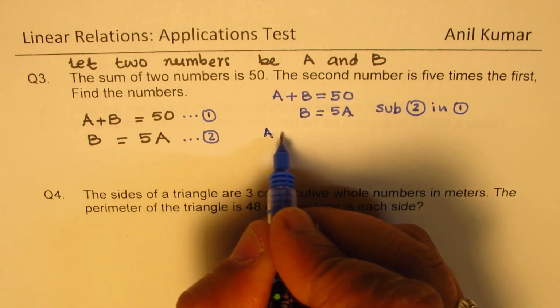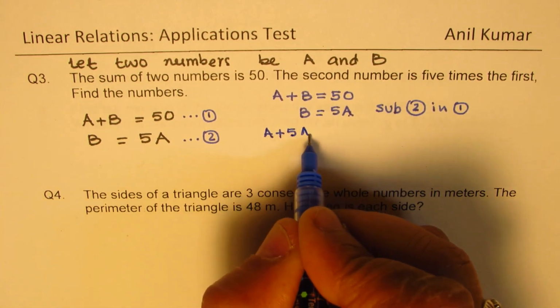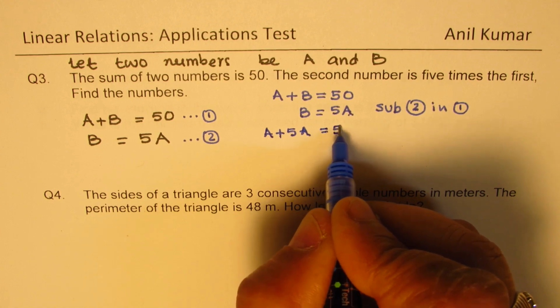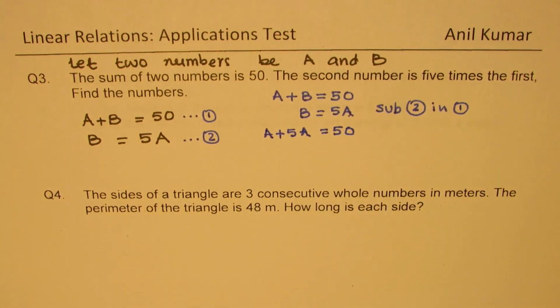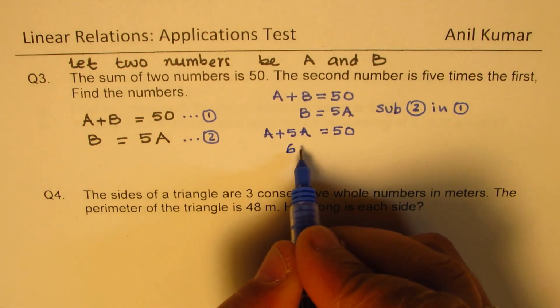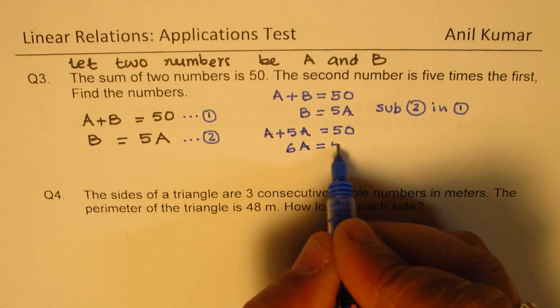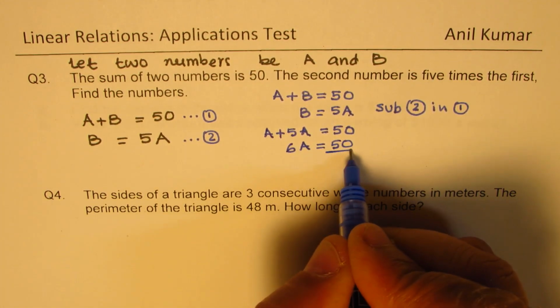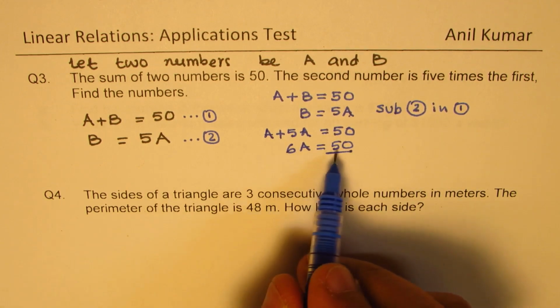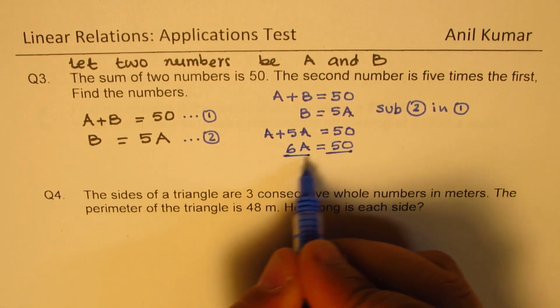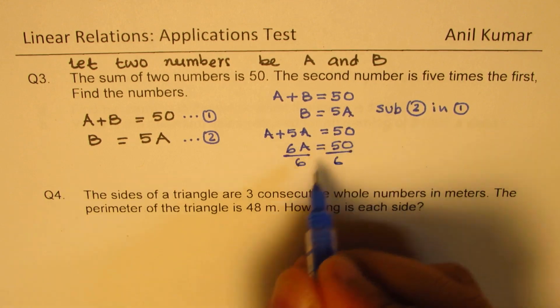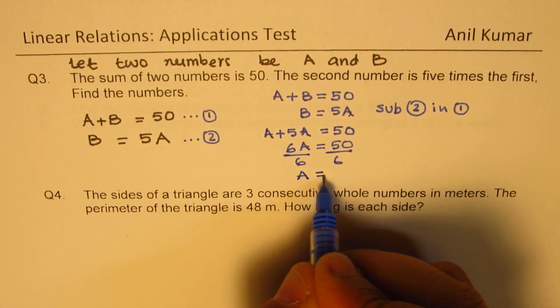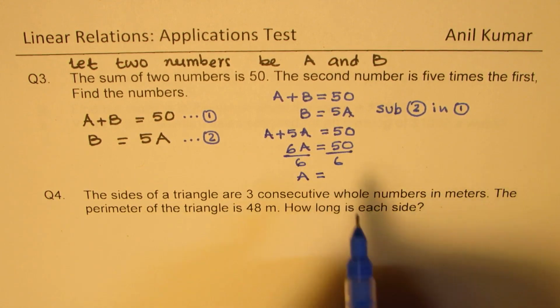So we get A plus 5A is equal to 50, and that gives us 6A equals 50. Now let's divide both sides by 6 to get the value of A, and we get a fraction.